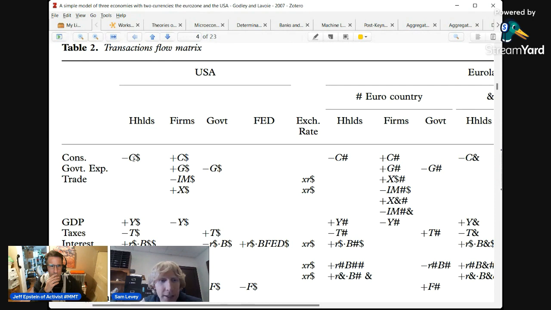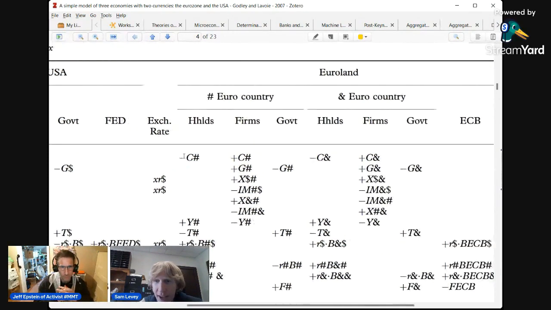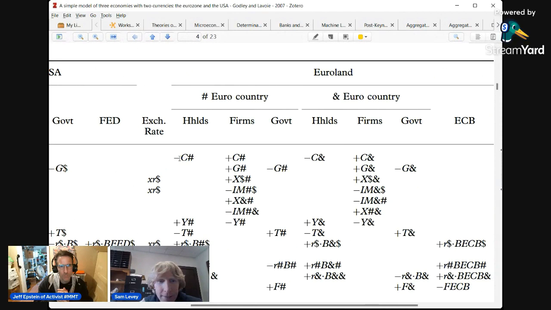C dollar: U.S. households spend that and U.S. firms receive that. The other countries each have their own separate C pound and C at, households and firms in that country. Okay, that's clear.